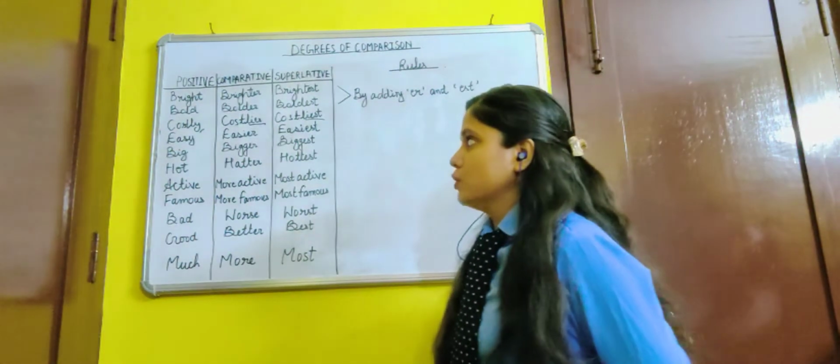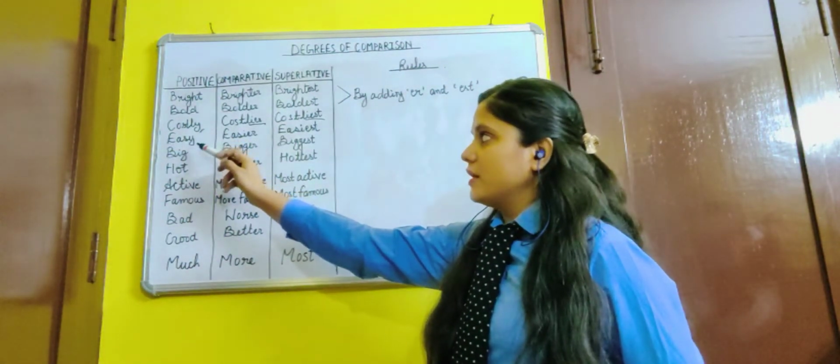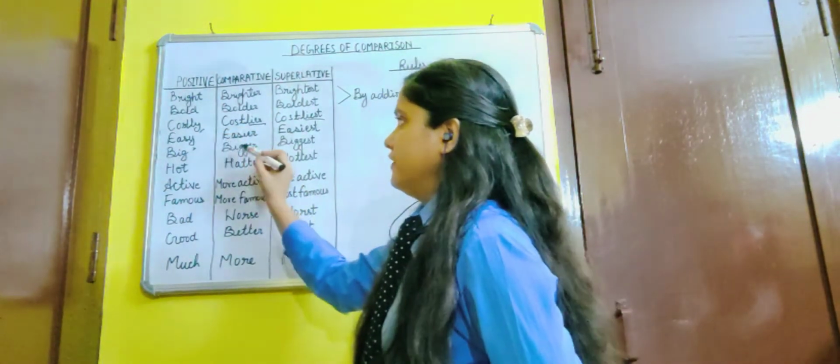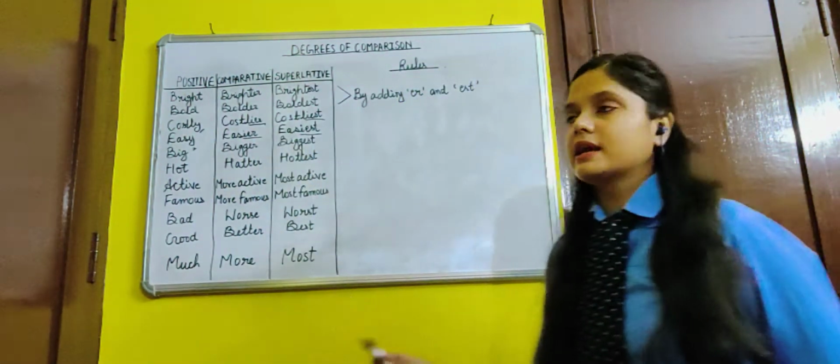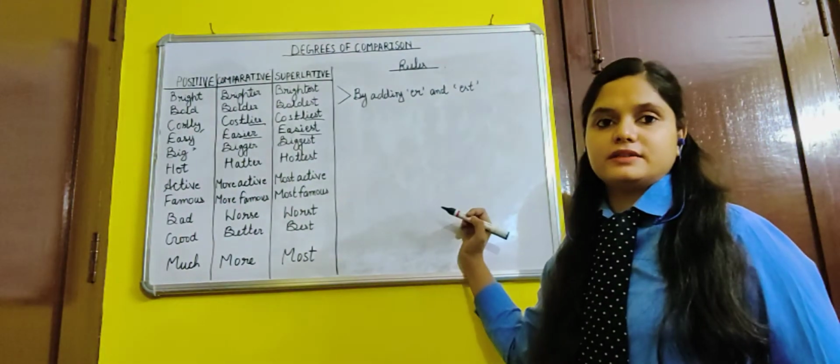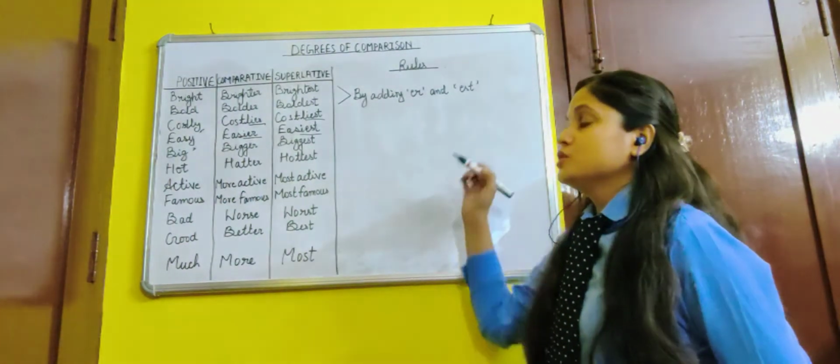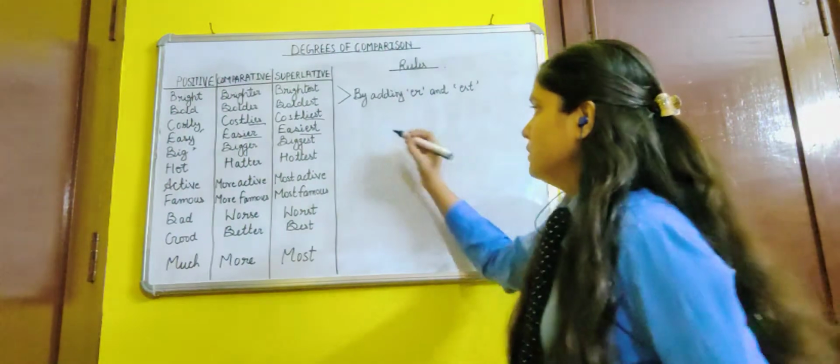So we just removed the Y and added IER and IEST to make comparative and superlative degrees respectively. So this is the second rule.